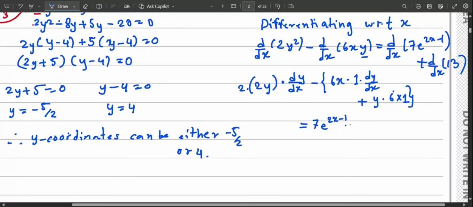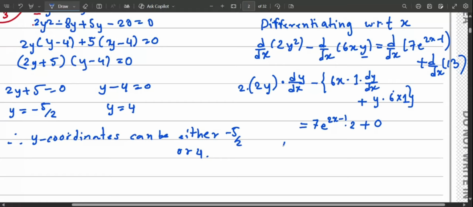This gives us 2. Then we will have the d/dx of 13. 13 is a constant term, that's why the differentiation for 13 would be 0.